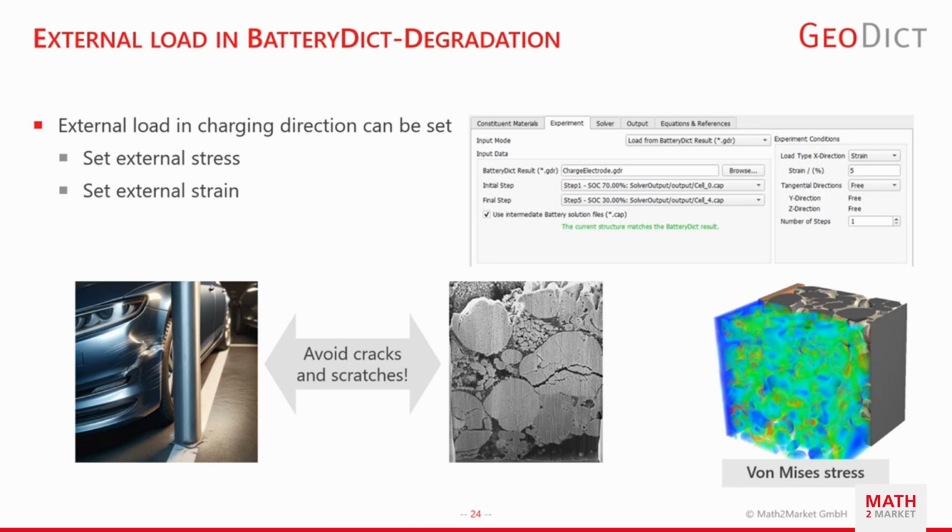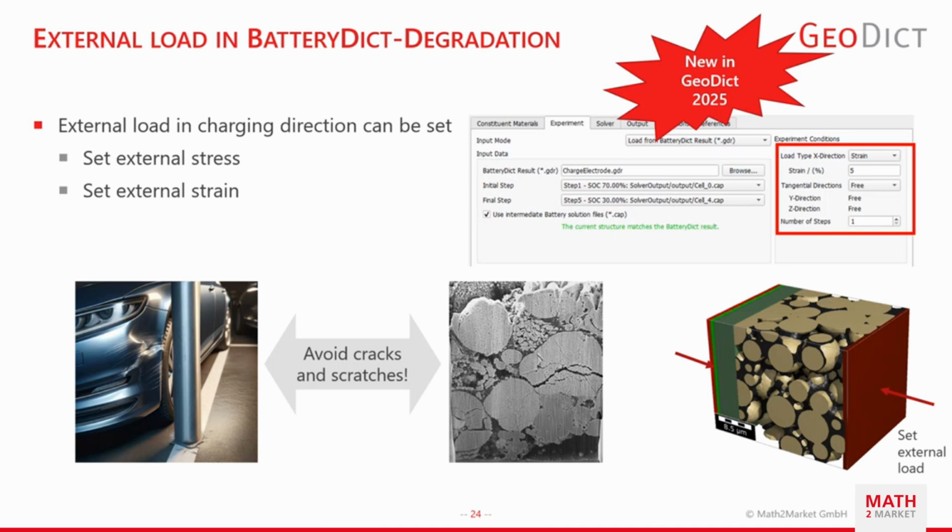And with the battery degradation module, you can visualize the mechanical stress and strain due to intercalation of lithium. So first you do electrochemical measurement, you know where is lithium ion concentration change, and then you do the mechanical simulation, and then you know, okay, I get this stress and strain inside of my structure.